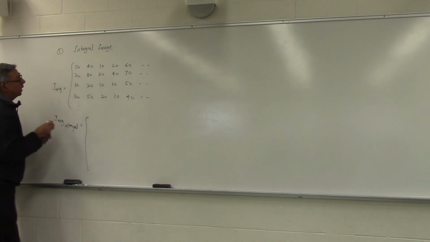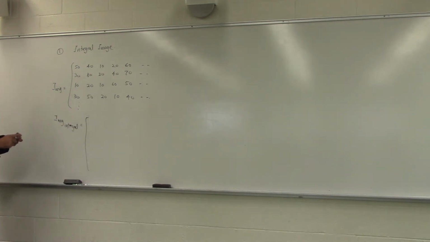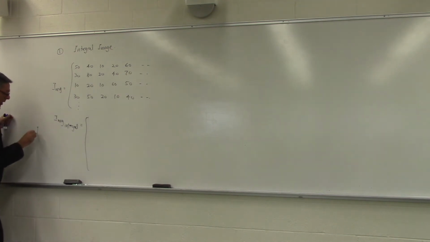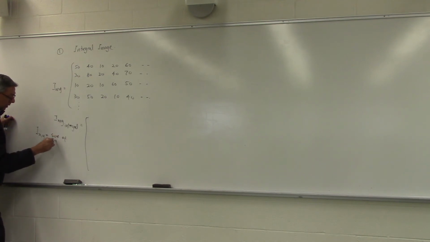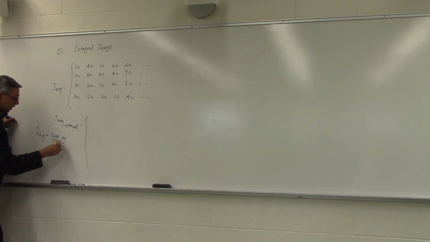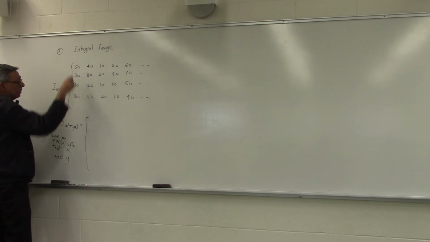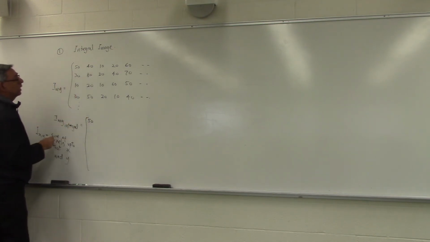Okay, so the way integral image is computed is, at any point I of x, y, it basically gives us the sum of pixels up to that x and up to that y. So for example, this is the very first one, it stays 50, right?